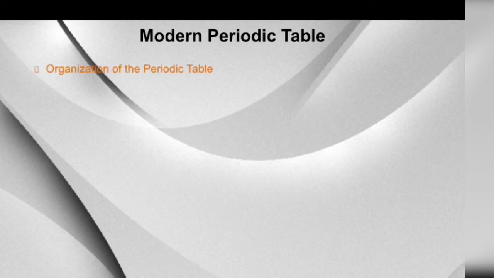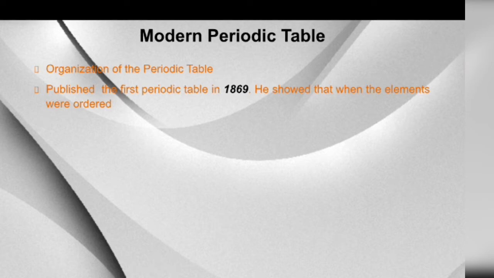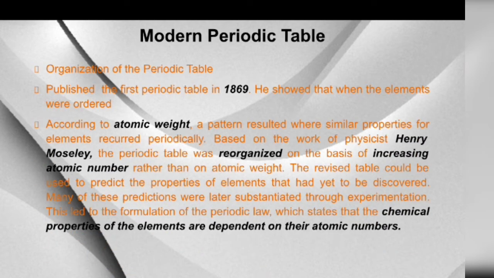Now see the modern periodic table. Organization of the periodic table. Mendeleev published the first periodic table in 1869. He showed that when the elements were ordered according to atomic weight, a pattern resulted where similar properties of elements recurred periodically.